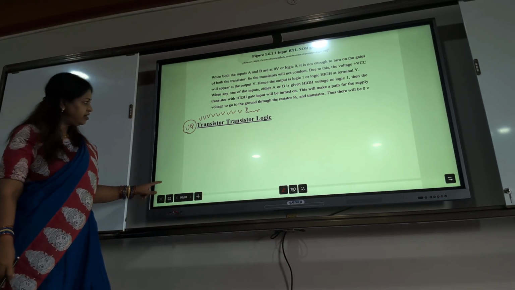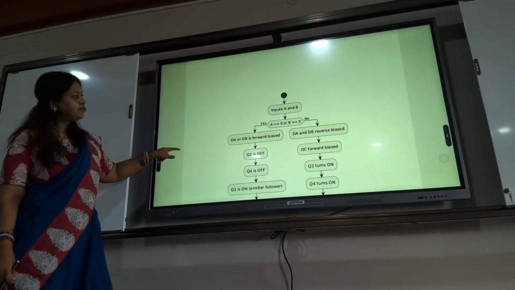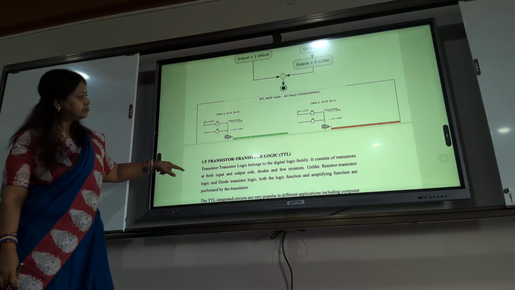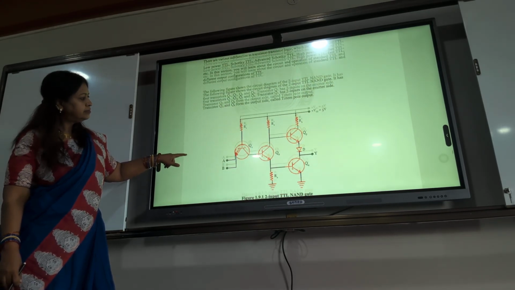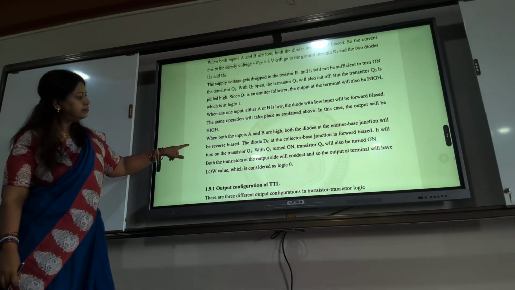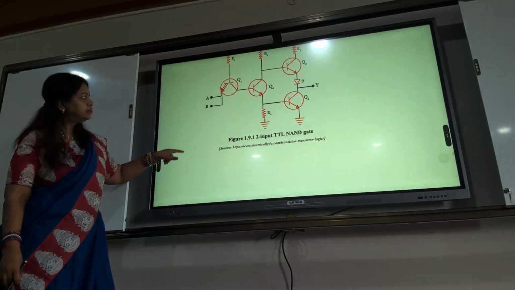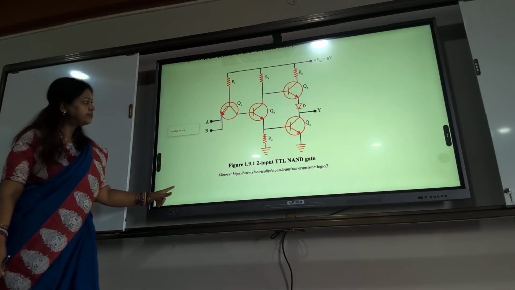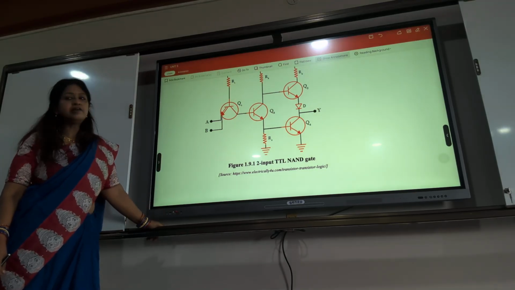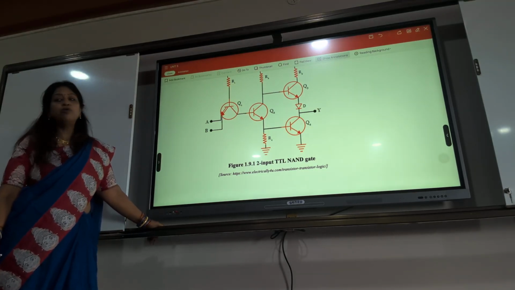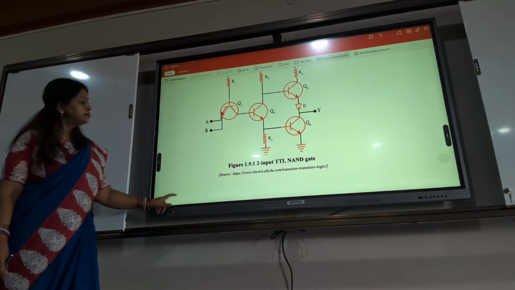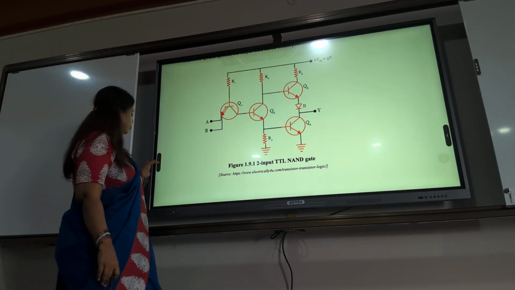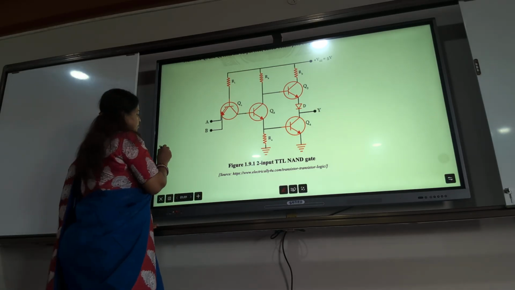Very important question. This is the subject: transistor-transistor logic. You have 4 transistors. So for the NAND gate, what is the truth table?